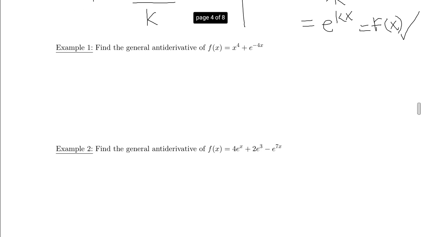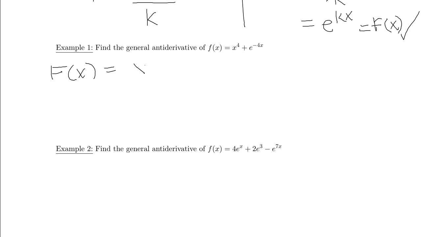Okay, so let's work through some examples where we combine all of these rules. So example 1, we want to find the general antiderivative for the function x to the power of 4 plus e to the negative 4x. So when we're finding capital F of x, we want to find a function that has this as its derivative. So for x to the power of 4, we're going to apply the power rule, which is the exact opposite of the power rule for derivatives.